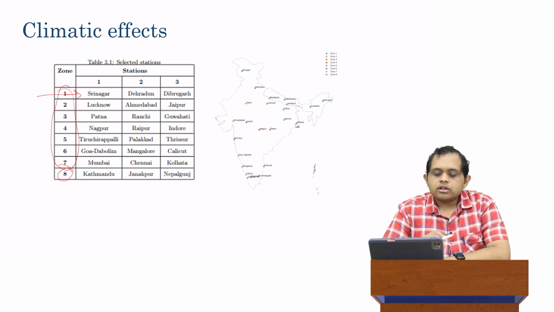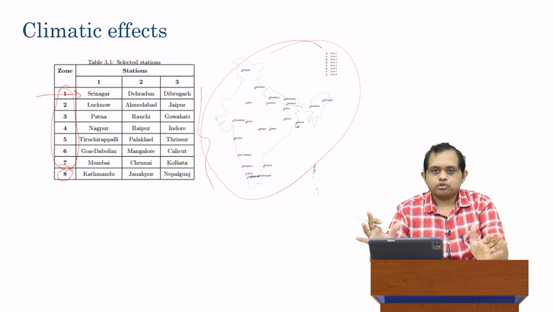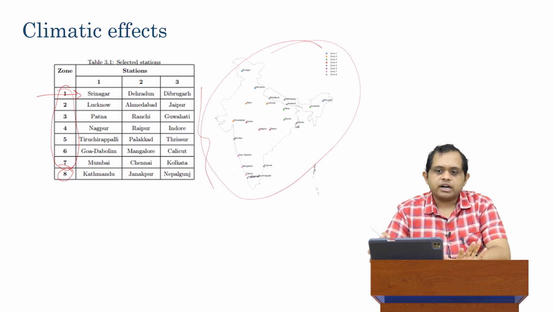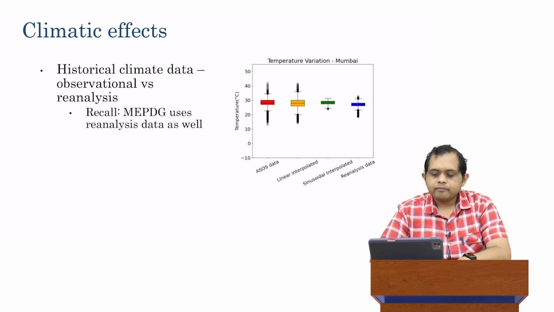On this map you can see what the cities are, a fairly large distribution covering all the zones, at least the zones as defined by IRC 58. I'm not saying these zones are necessarily correct, and realistically there should be many more zones, but this was a starting point. In total, 8 times 3, we had 24 different locations that we considered.